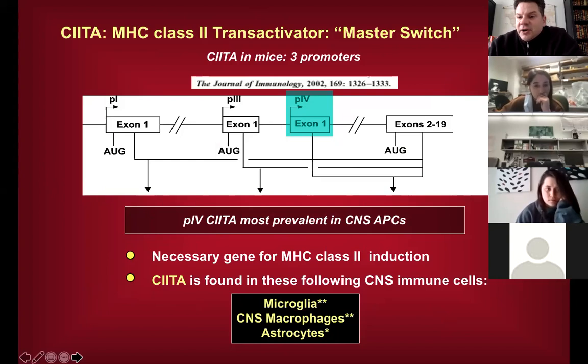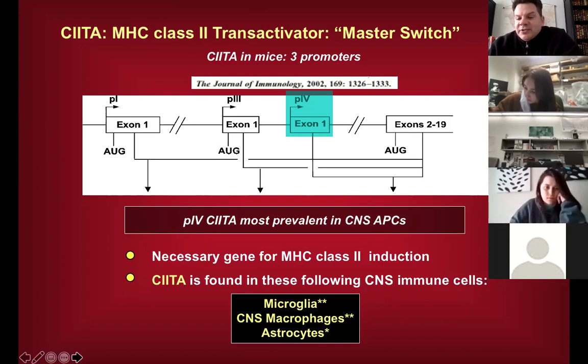It's just not functionally possible. You can look for where this master switch is expressed in the brain, and it's only expressed on 3 cells: microglia, CNS macrophages, and astrocytes.